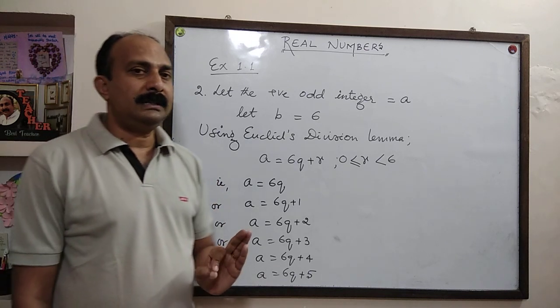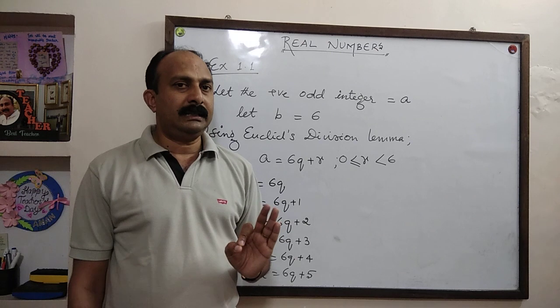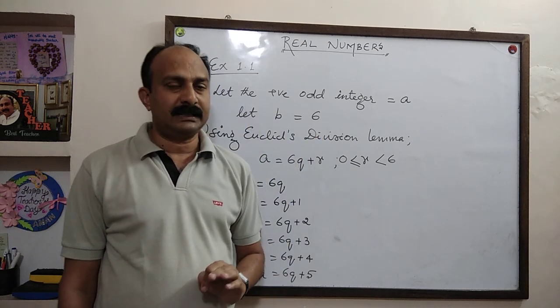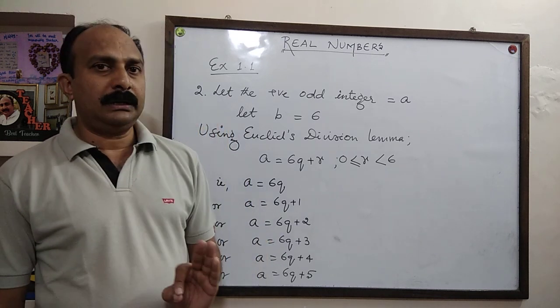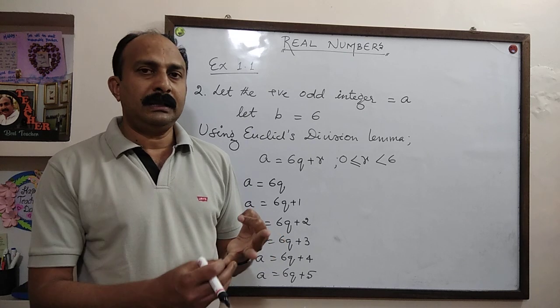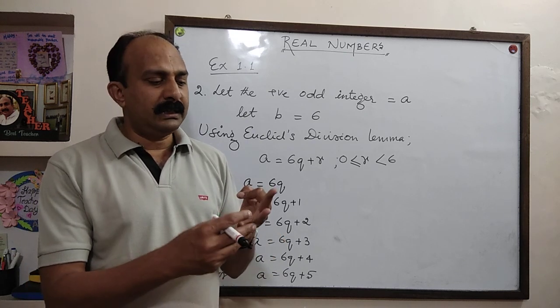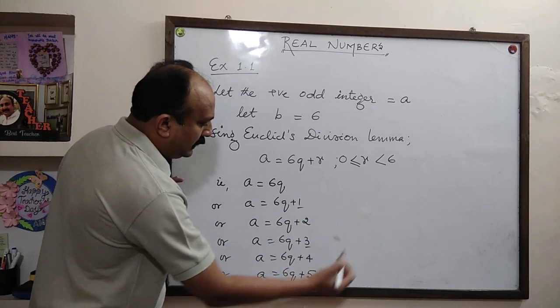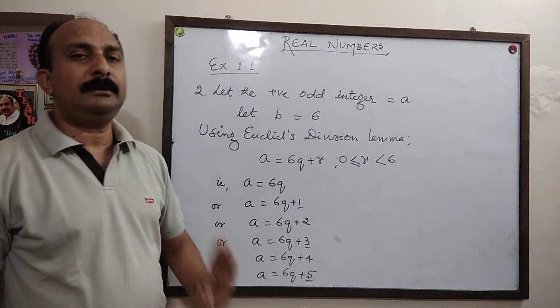What I mean to say is, everywhere you can see the remainders are 1, 3 and 5 when you divide by 6. When an odd integer is divided by 6, which is an even integer, the possible remainders are 1, 3 and 5.